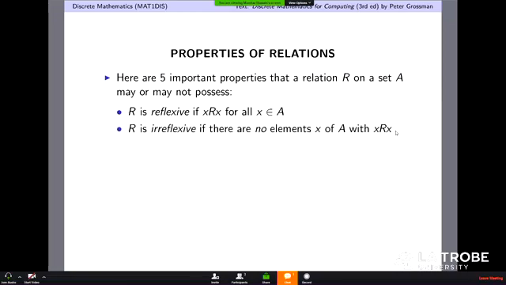It's called irreflexive if there are no elements x for which that can hold. For example, x greater than x is wrong. 3 is greater than 3 is wrong, of course. It's always false. A number cannot be greater than itself. If I say greater than or equal to, then it's true, always.